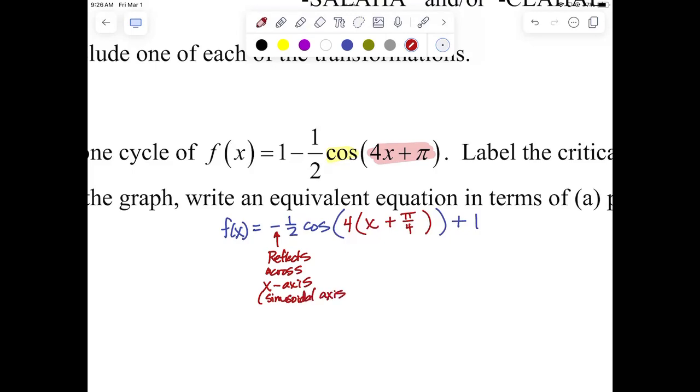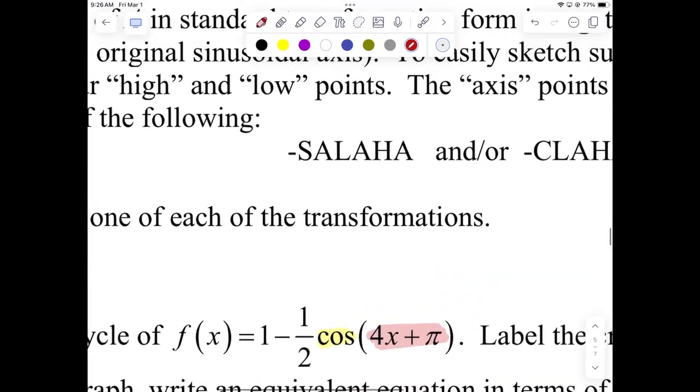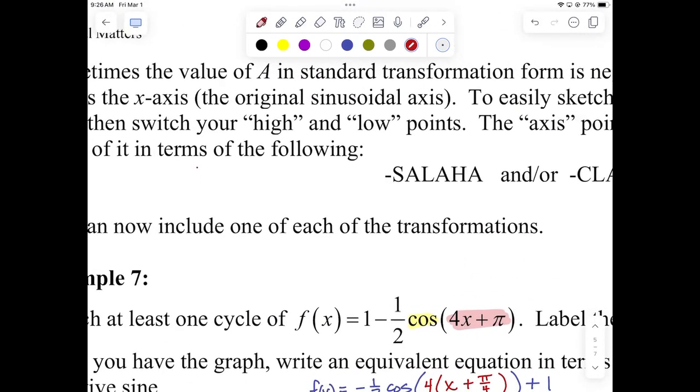And it has to be done before any shifts. Right? Multiplication has to be done before addition or subtraction. So here's the easiest way to take care of reflecting something across the x-axis. All you have to do is switch your highs and lows. Watch this.